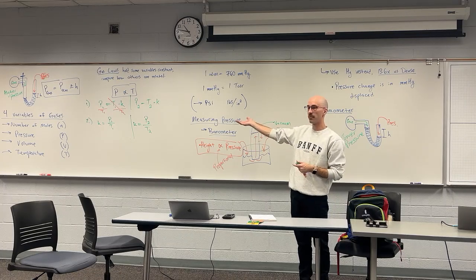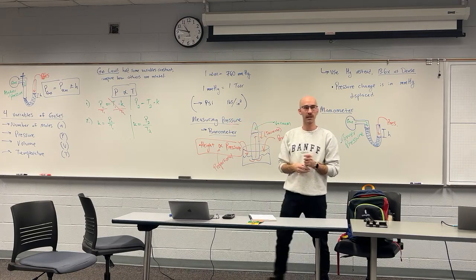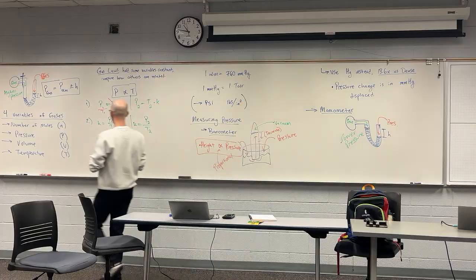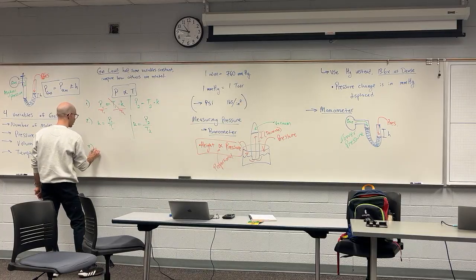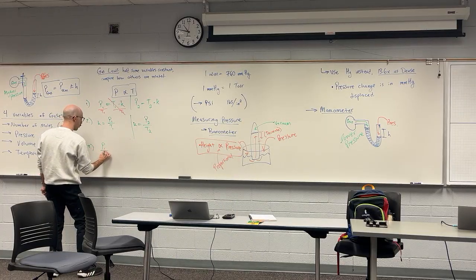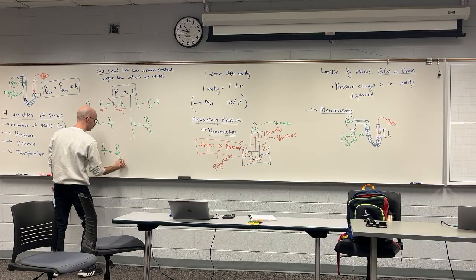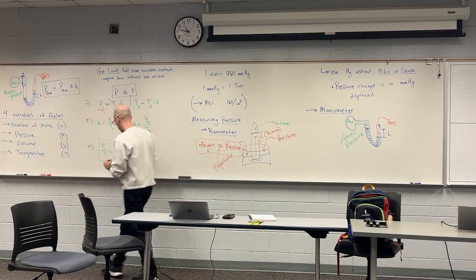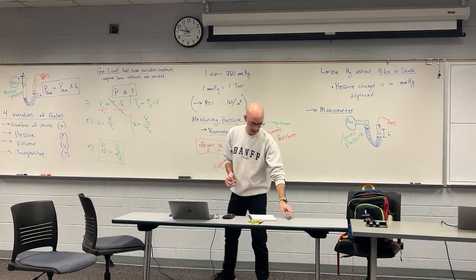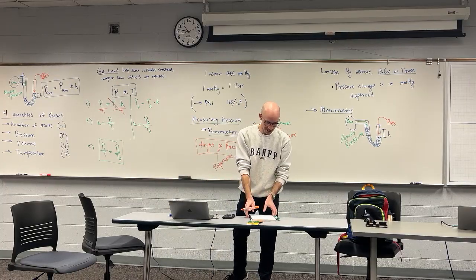I can now set them equal to each other because they're both equal to this constant k. So now I get my actual gas law. P1 over T1 is equal to P2 over T2. And this is named Gay-Lussac's law.